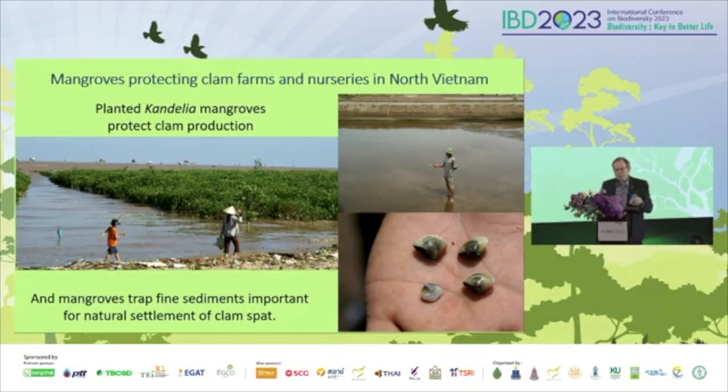And the point about the mangroves here is it's not only providing protection for the nursery ponds, but it seems that the spat of the clams need sediment with a mud content and a high organic matter content, which the mangroves provide. So the spat settlement areas are very much dependent on the presence of mangroves.